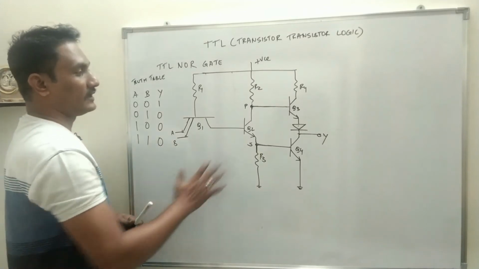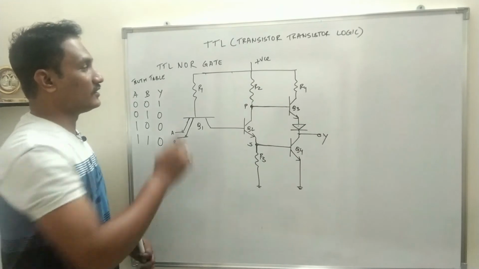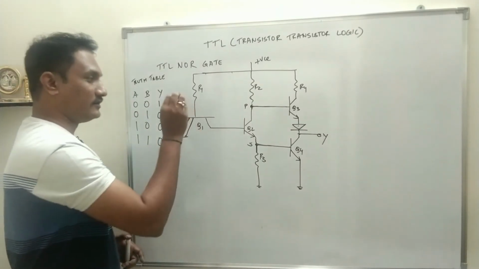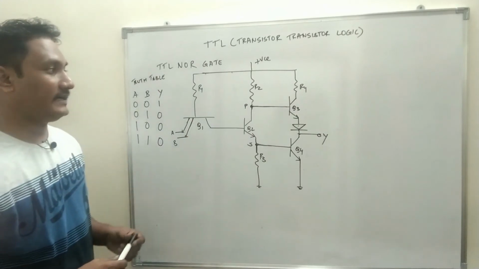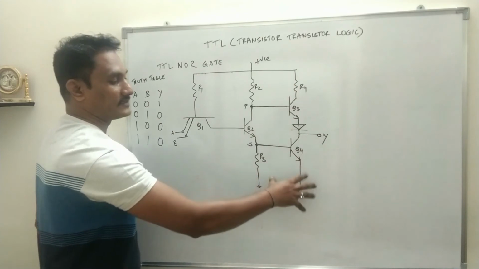Now for designing a NOR gate, the circuit which is there on the board at present is of the TTL NAND gate. I will make the modification on this same circuit so that we get a TTL NOR gate. See the modification, the output part remains exactly the same.